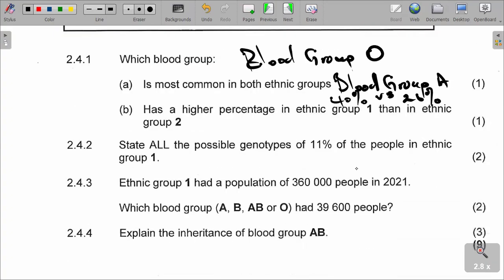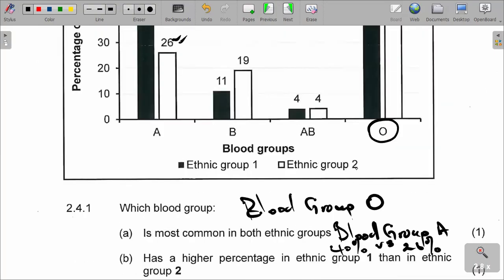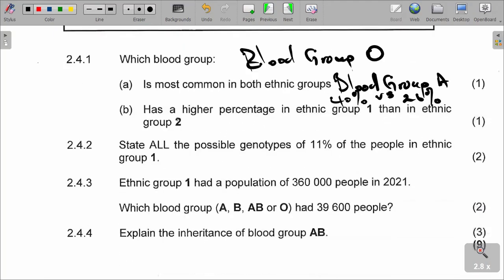State all the possible genotypes of 11% of the people in ethnic 1. All the possible genotypes, we are saying blood group B. It's just a matter of you understanding that blood group B is represented.